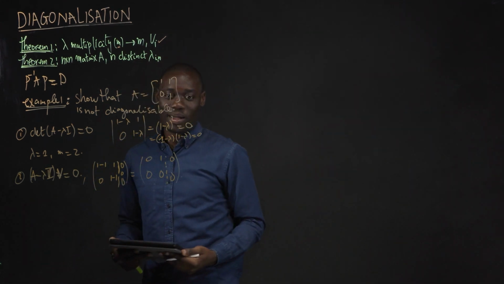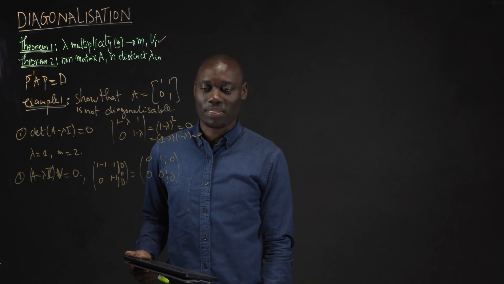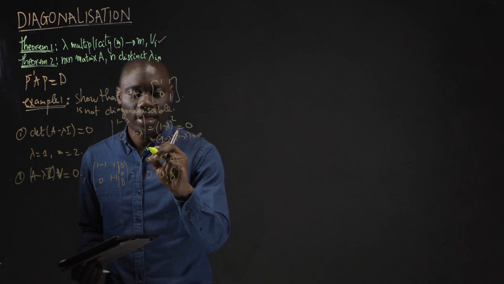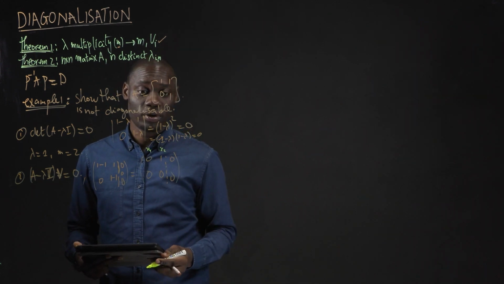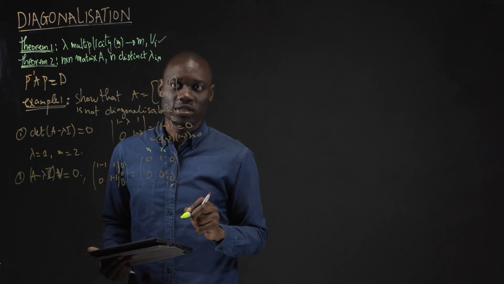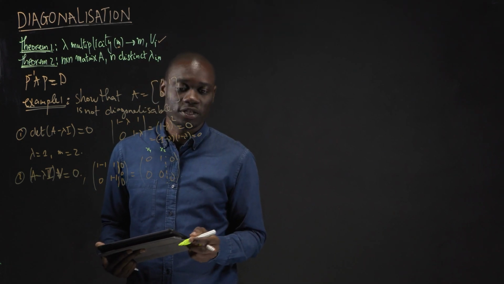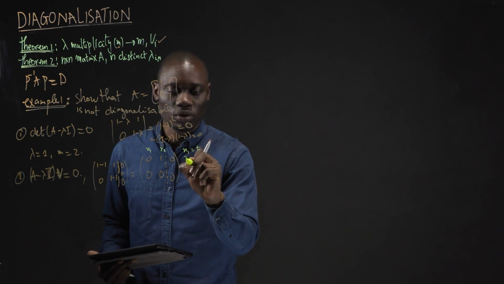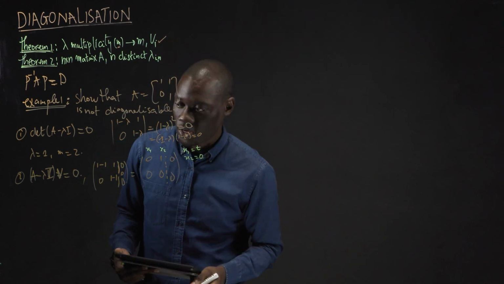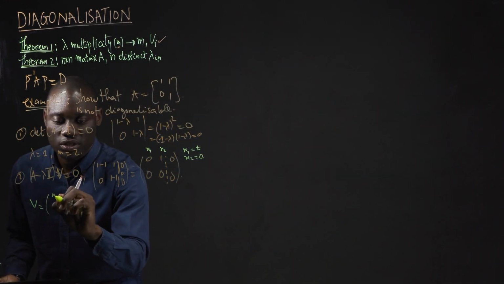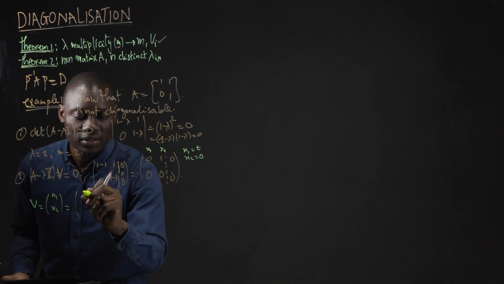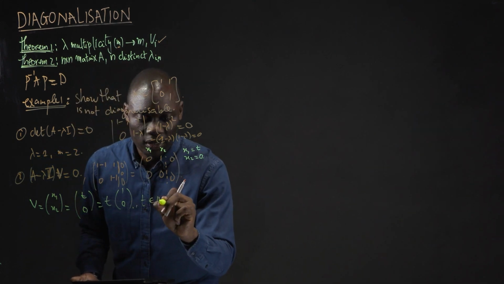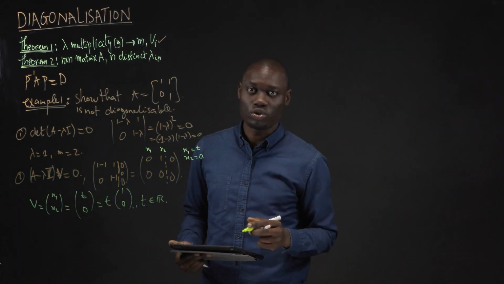Here we can see that with two variables, x1 and x2, x2 is fixed and x1 is free. So if I say that x1 equals t, from the first row I have that x2 equals 0. So my vector v, which is x1, x2, will give me t, 0.